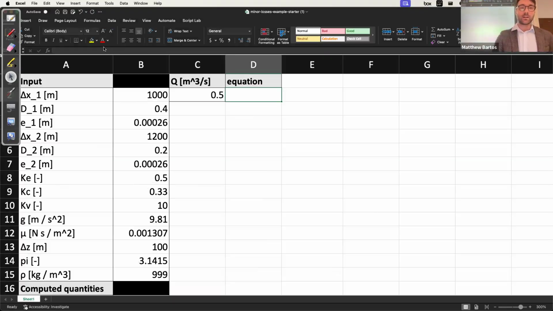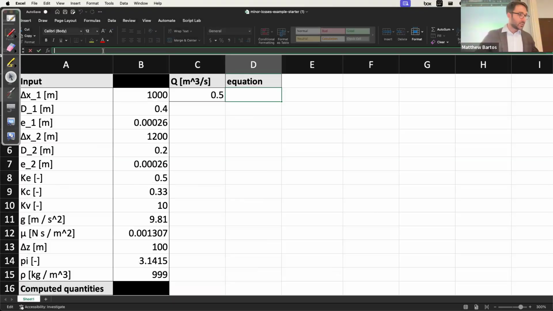For our objective function, we have negative delta Z, so that's going to be negative cell B13, plus our expression for the first set of losses.